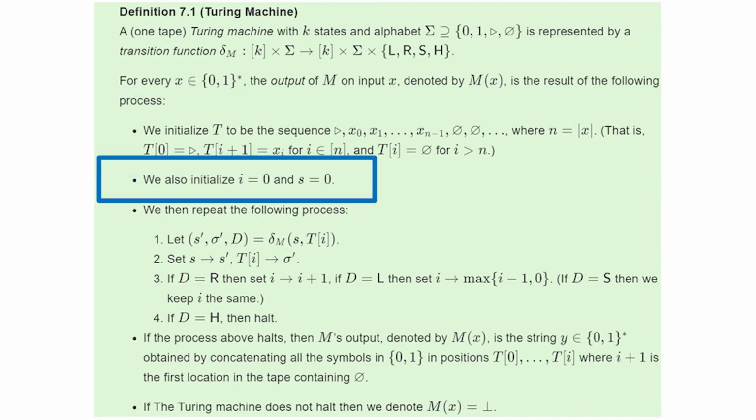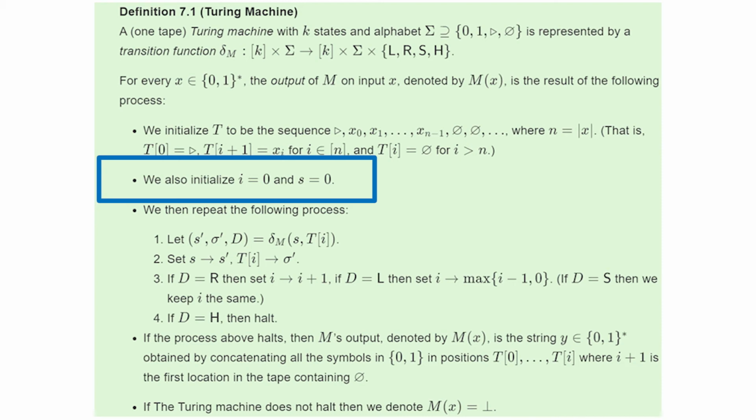And then we also initialize these two values, I and S. I is essentially the index of the current location in the tape, so this is which cell of the tape the Turing machine is currently looking at. And S is the current state of the machine, so which state is it currently in?